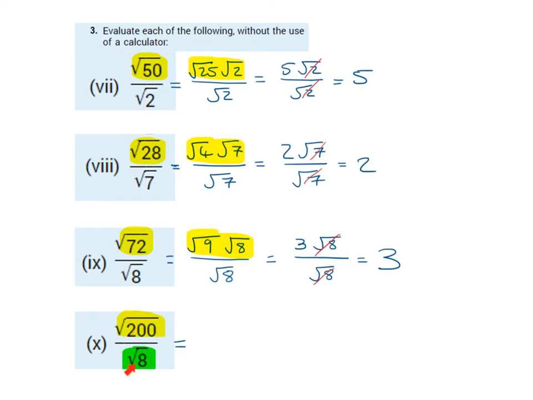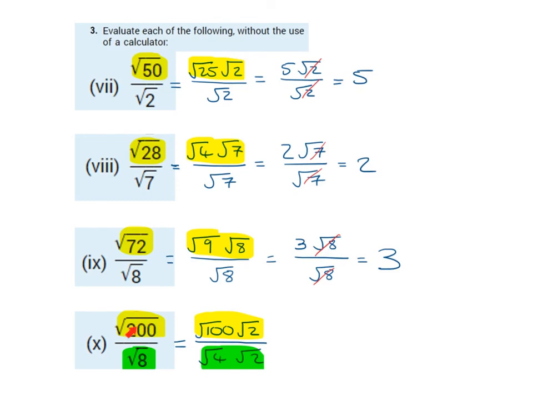Then we have root 200 over root 8. The square root of 200 we will factorise as 100 times 2. So root 200 becomes root 100 root 2. 100 is a square number. We're also going to factorise the root 8. We didn't bother doing it up in this question because when we factorised root 72, we had a root 8 and we were able to cancel those root 8s.